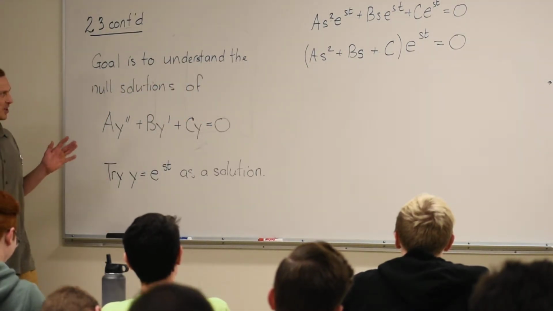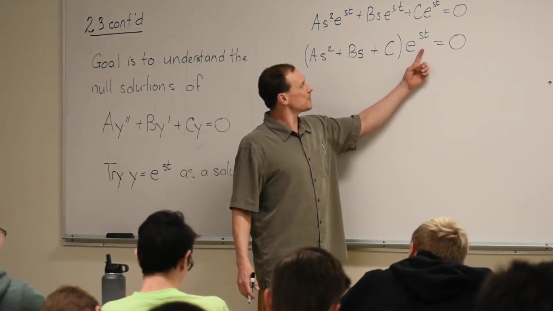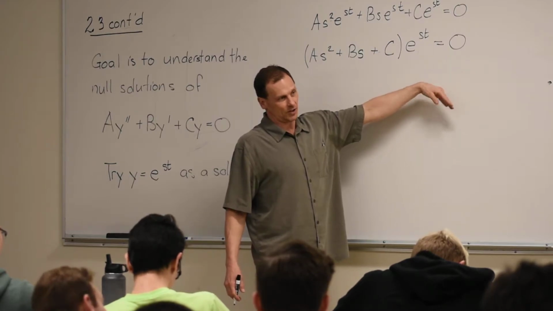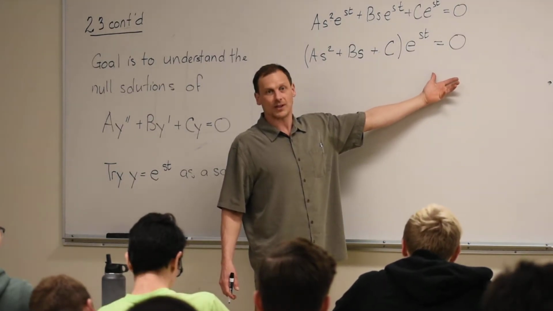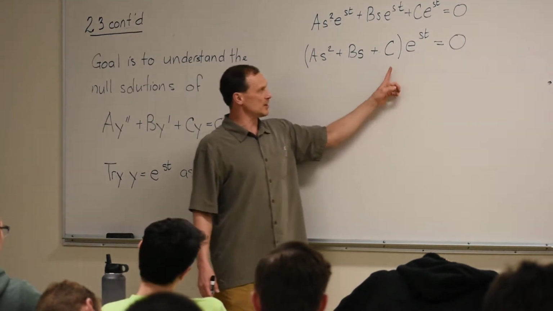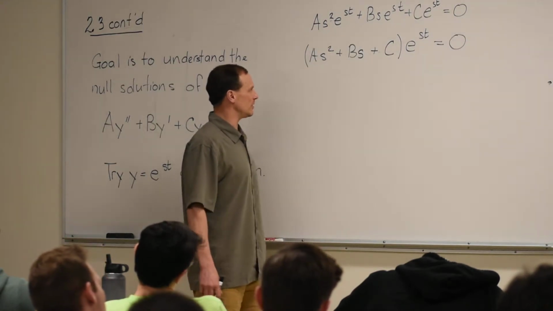And then our argument, if there's a real solution, you can make the argument that you can divide by the exponential because it's always not 0. Or you can make the argument that what we're concerned about is when this first factor is 0. So that's what we're going to work with.